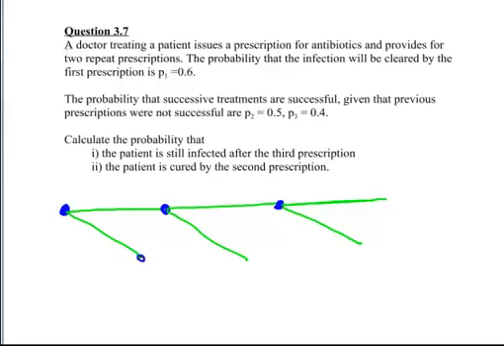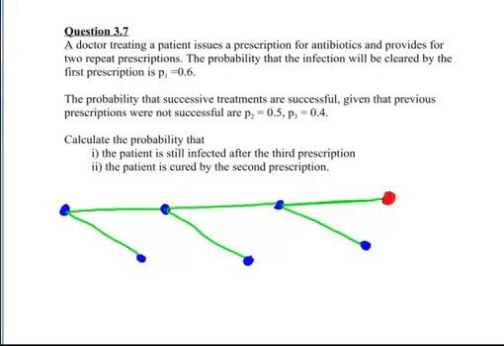So here, the first treatment works. Here, the second treatment was successful, but not the first. So the patient went from the first treatment, it wasn't successful, went to the second treatment, and the second treatment was successful. And in this situation here, the third treatment was the one that was successful. Over here, we have the patient still sick after the 3 treatments.